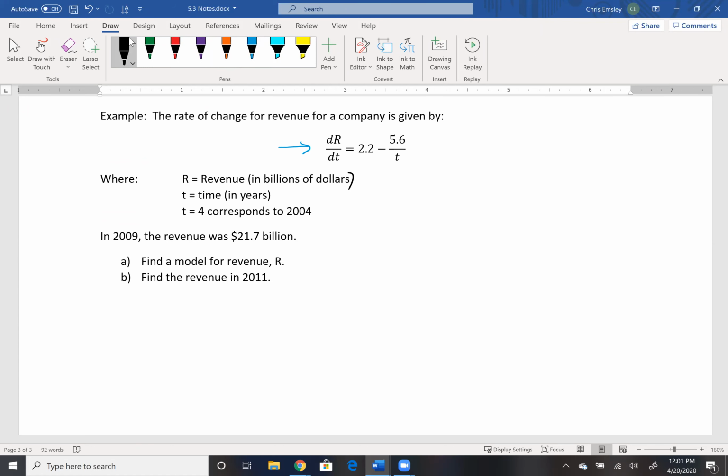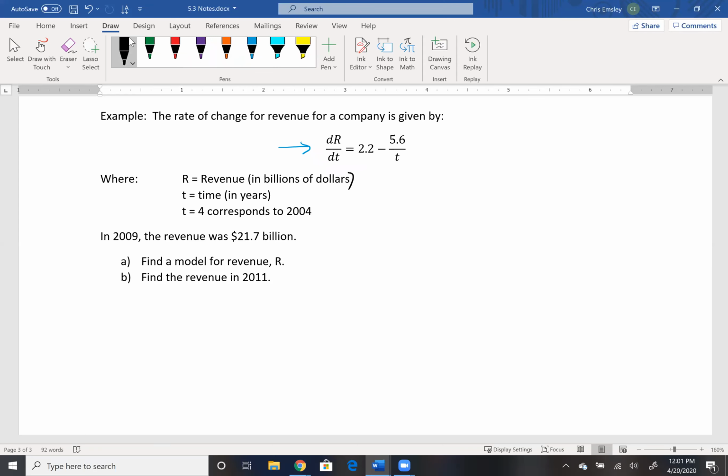The T stands for time in years. And notice that T equals 0 corresponds to the year 2004. And in 2009, the revenue was 21.7 billion. Part A, find a model for the revenue R. When they say find a model, they mean find an equation.